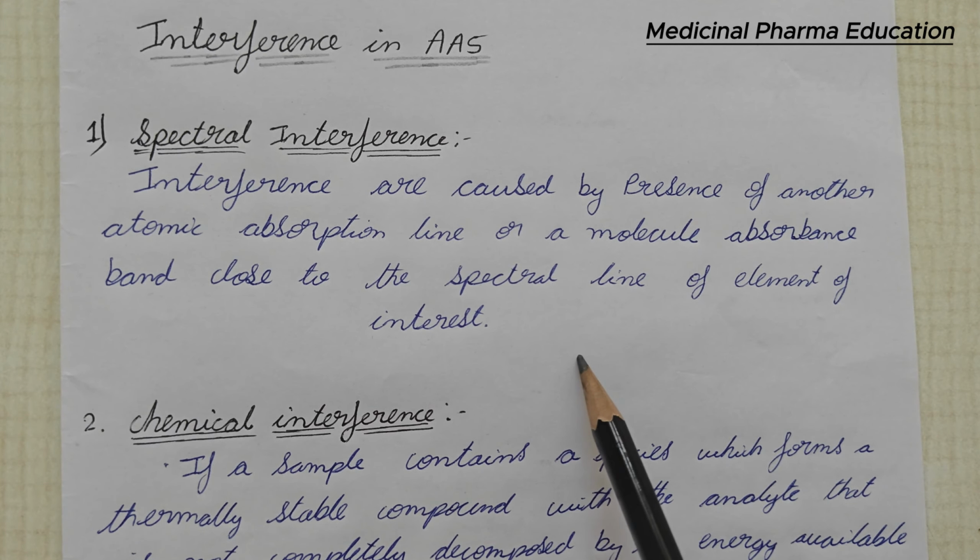Next, chemical interference. In chemical interference, if a sample contains a species which forms a thermally stable compound with the analyte that is not completely decomposed by the energy available in the flame, then chemical interference occurs. Here it is telling that the sample contains a species which forms a thermally stable compound.